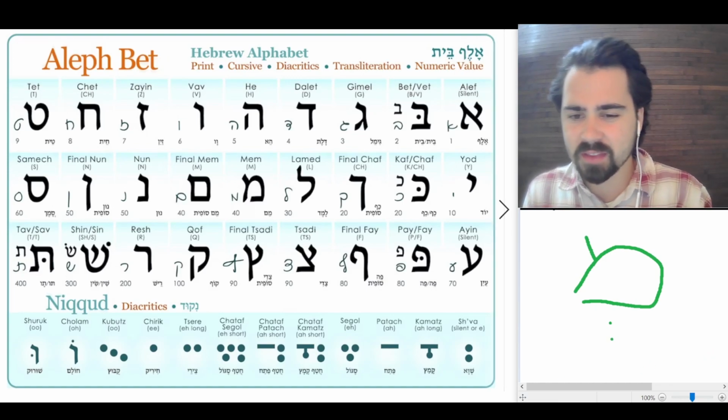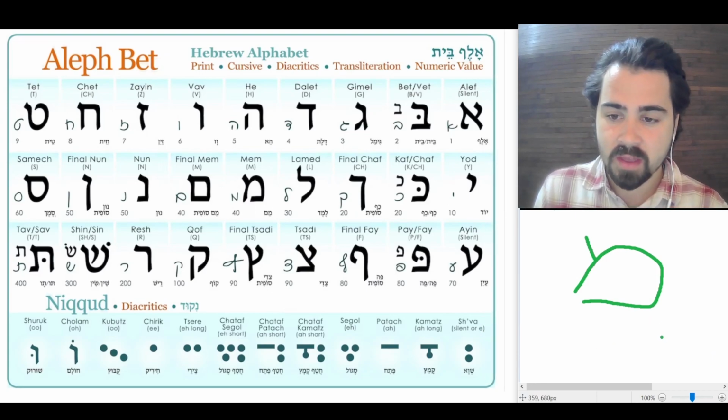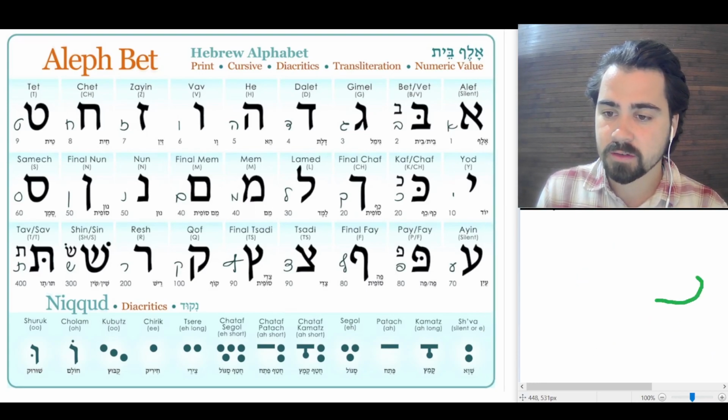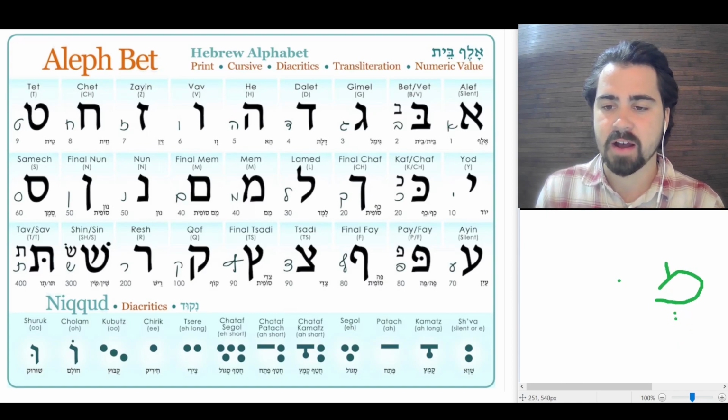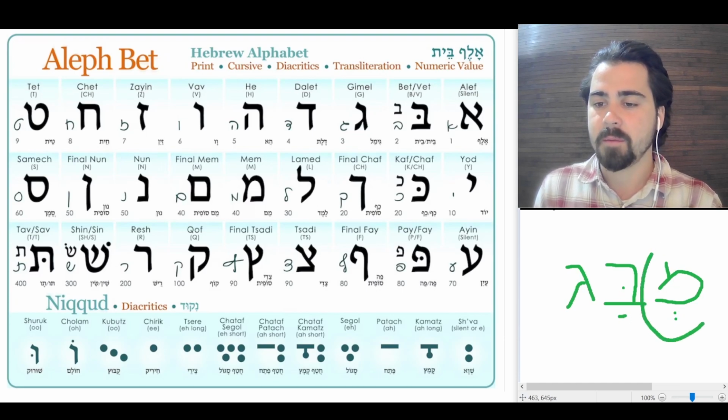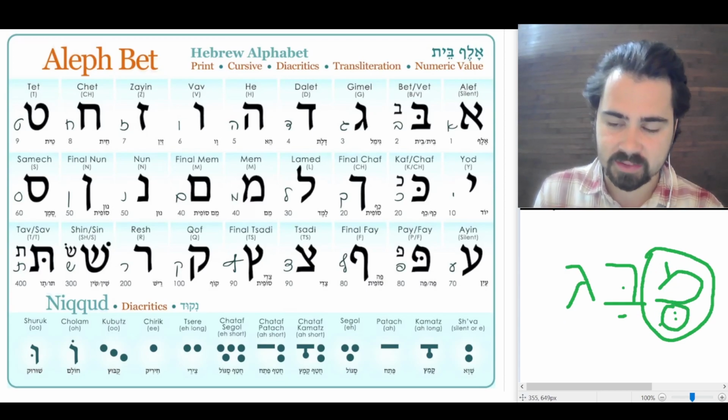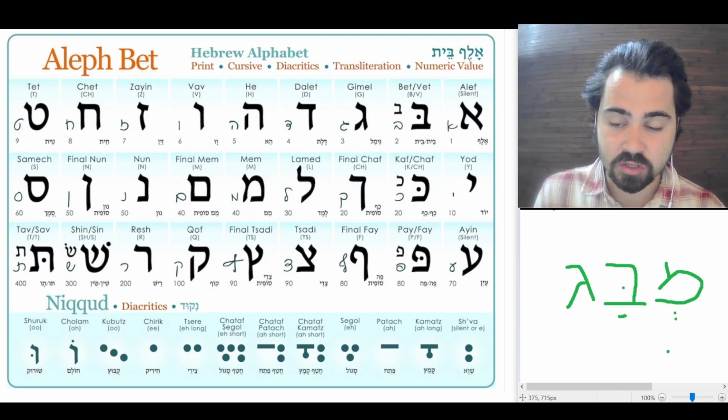Now with the shva, it's tricky because if it's the first letter that has the shva, let's just put random letters here. It's not a word, but for the sake of the example, if the shva is in the first letter, then usually the sound is e.